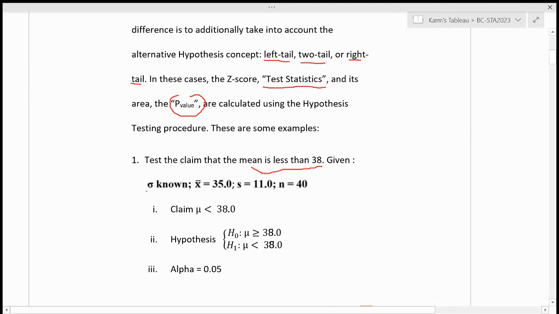Assuming that sigma is known, and then you get a sample of 30 of those products. The sample mean is about 35, for example, and the standard deviation is 11.0. As you can see, sigma is known.